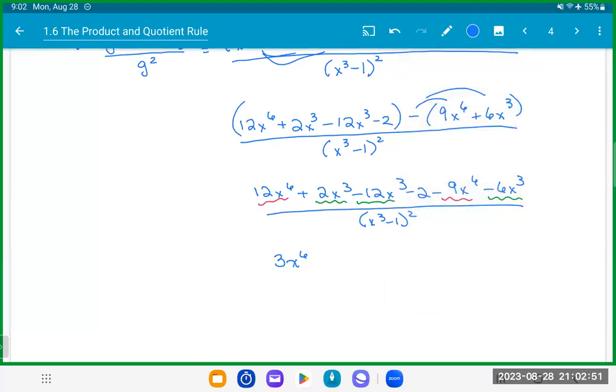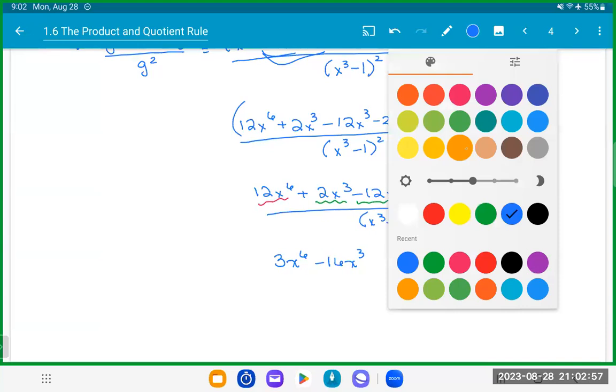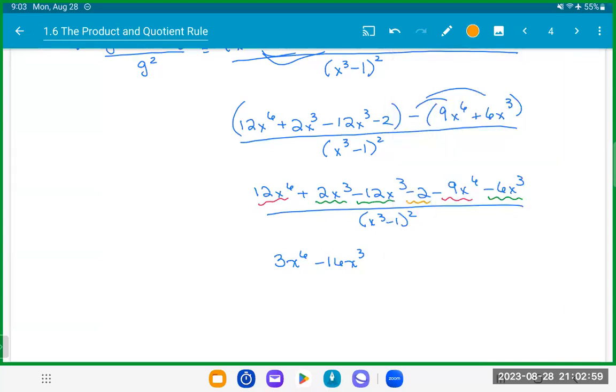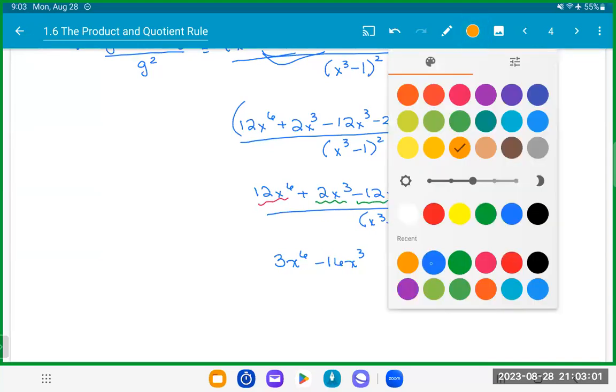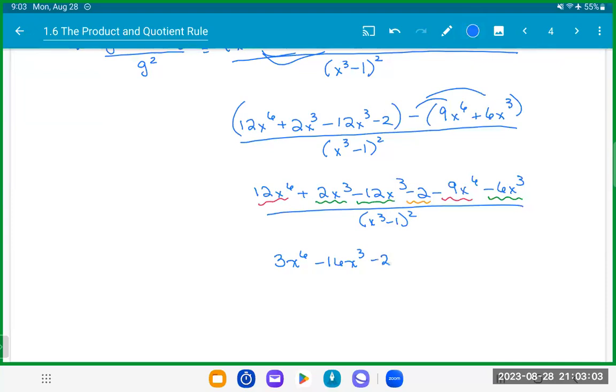That's going to give me a total of negative 16x cubed. And lastly, I have just this one constant of negative 2. Okay, all of that over x cubed minus 1 squared.